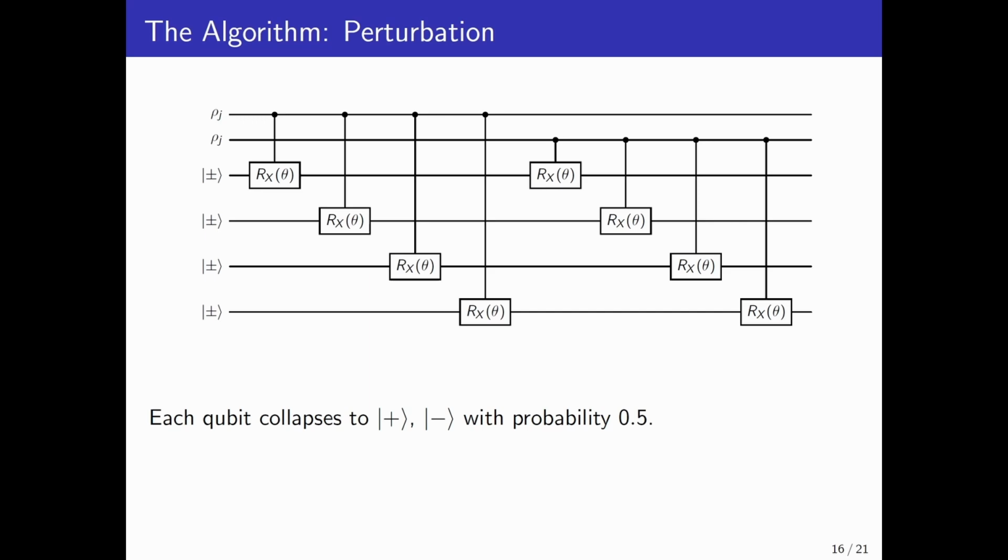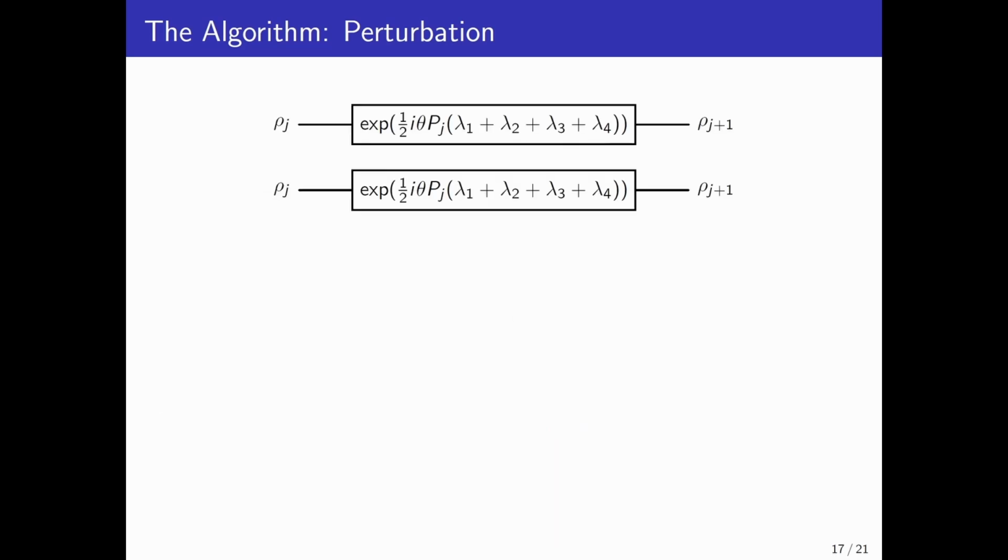However, whenever such a thing happens, we get a phase kickback onto the control registers. If we compute out the phase kickback, this is how it will look. Note that here, lambda L's are eigenvalues of x corresponding to the eigenvector in the Lth ancilla qubit. That is, lambda L is plus 1 if the qubit was in state ket plus, and minus 1 if it was in state ket minus.